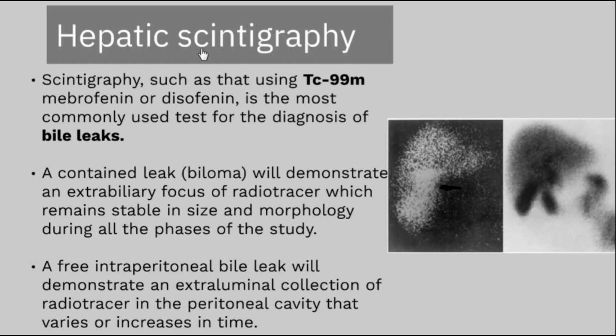If the collection remained stable in size, meaning it's confined, this is a biloma. But if it increased in size, this will demonstrate that there is an extraluminal collection, a pattern that varies or increases in time.